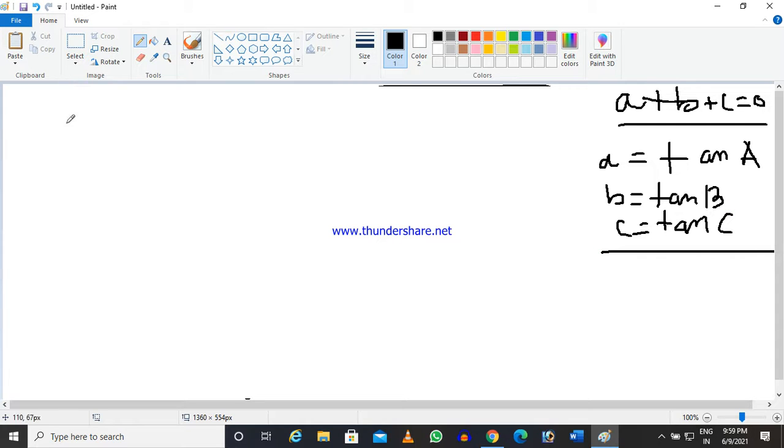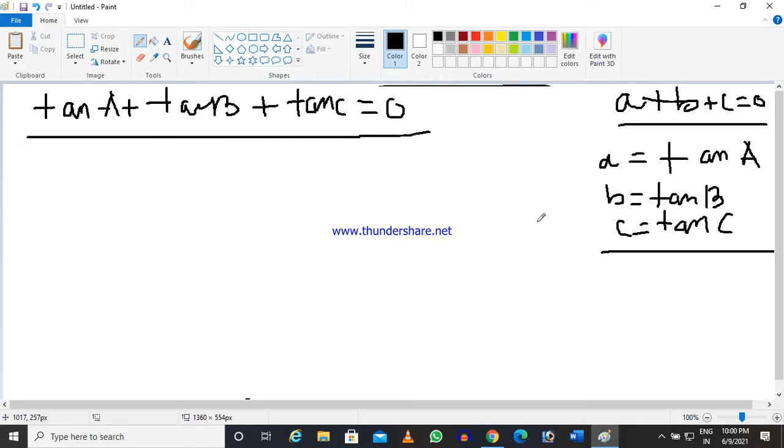If like that, then a plus b plus c is equal to 0, so tan a plus tan b plus tan c is equal to 0. Okay, so we can write like this.